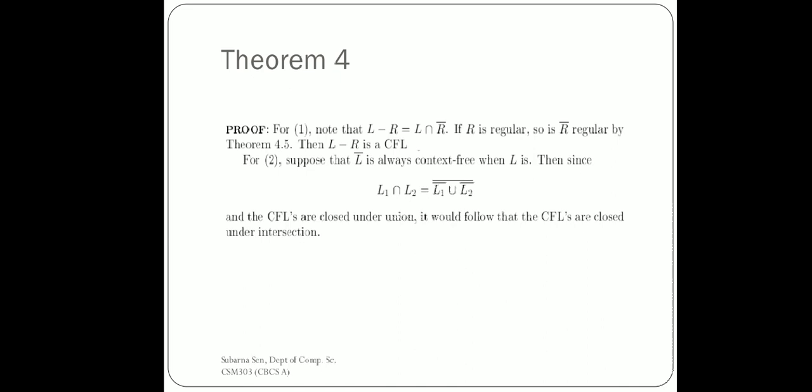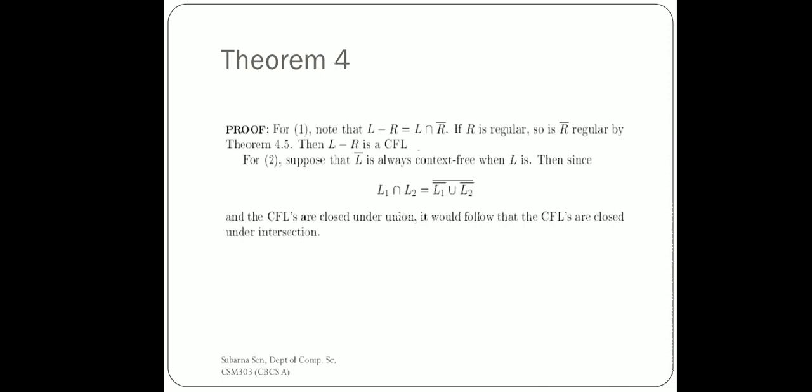So L intersection R dashed will obviously be a regular language, or in a broad sense a context free language, right? So if we subtract R from L, what remains? A context free language remains. It may not be regular, but it will be a context free language, so it is closed under this L minus R operation.